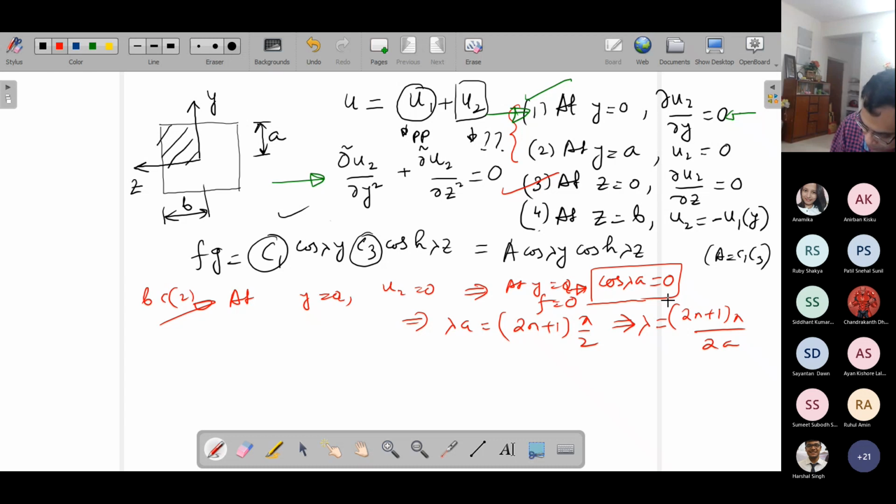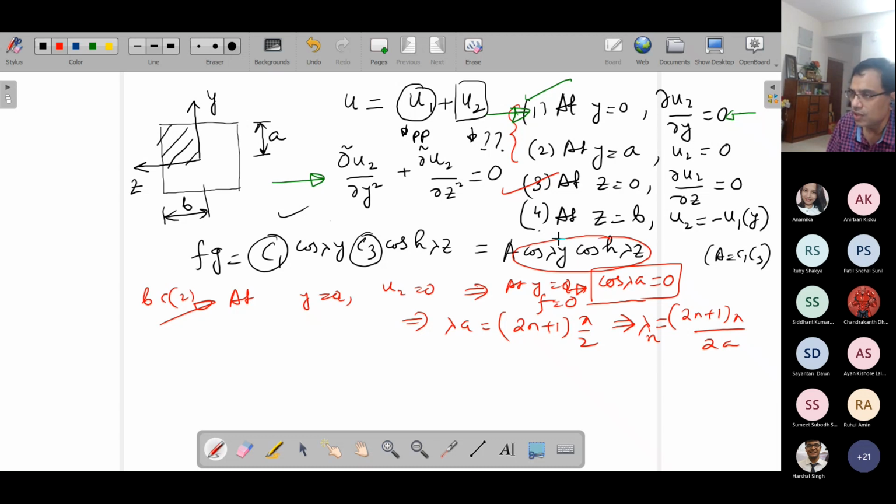So to give an emphasis that this eigenvalue is a function of n itself, we call it lambda with subscript n. Lambda with subscript n, just to indicate that for each value of n, you will have a value of lambda and a value of this one.